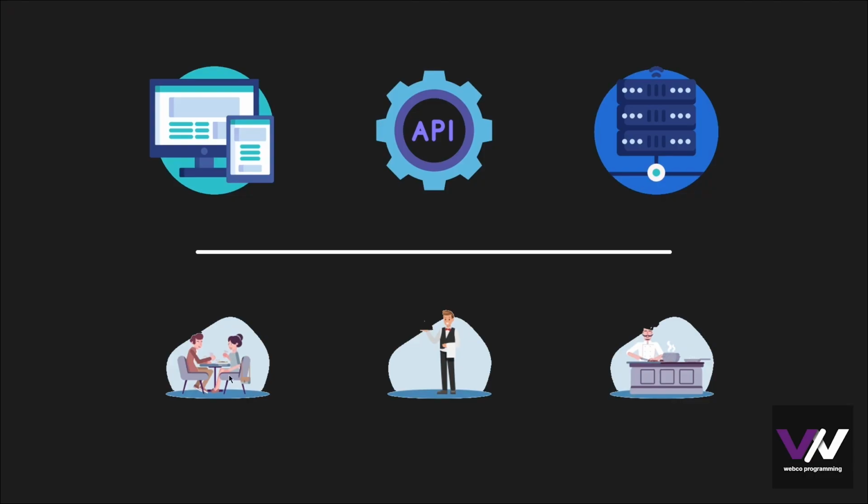And between the table and the kitchen, we have our waiter, who comes to the table to see what the order is, grabs the order and passes it to the chef, then waits until the chef makes the meal, and after that, grabs the meal and comes to the table. And this is the basic explanation of the API and what it does.